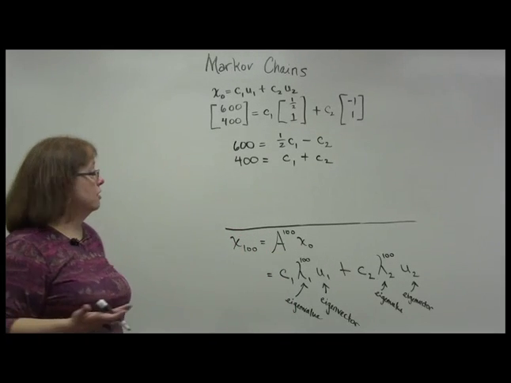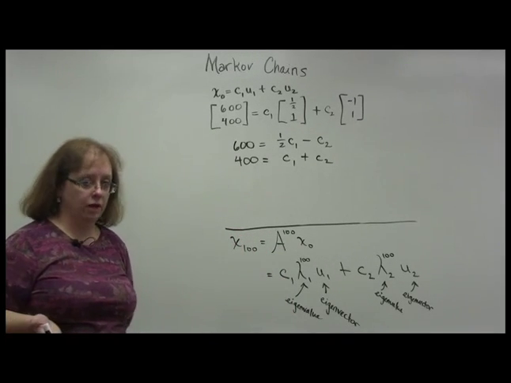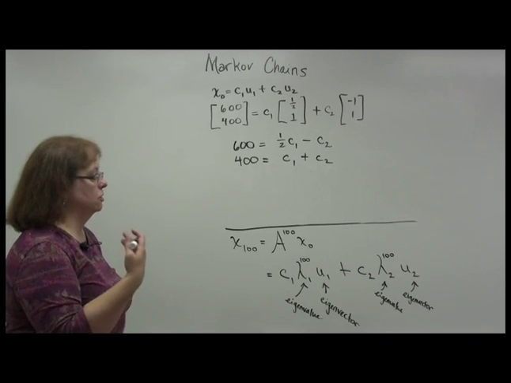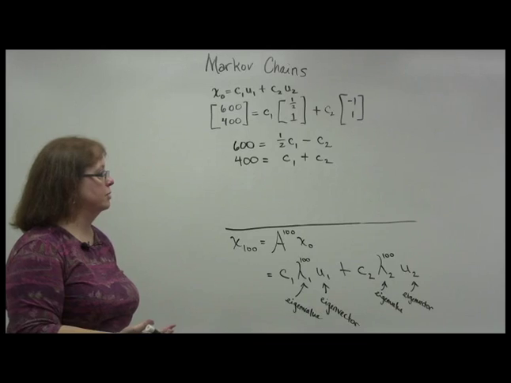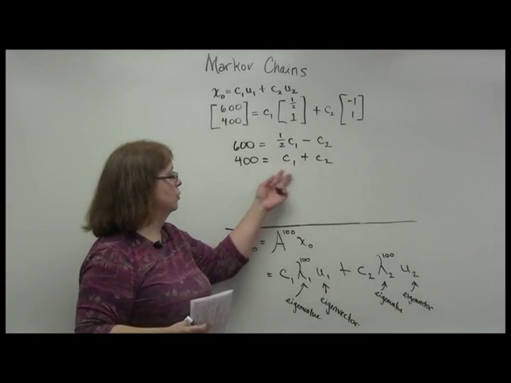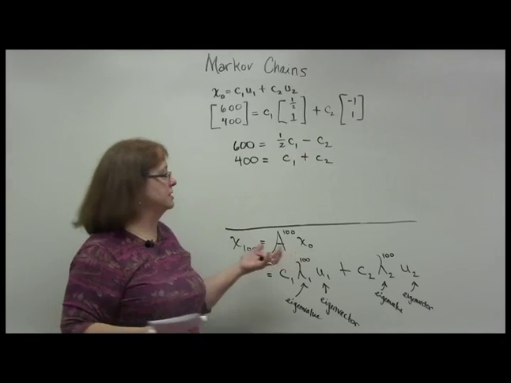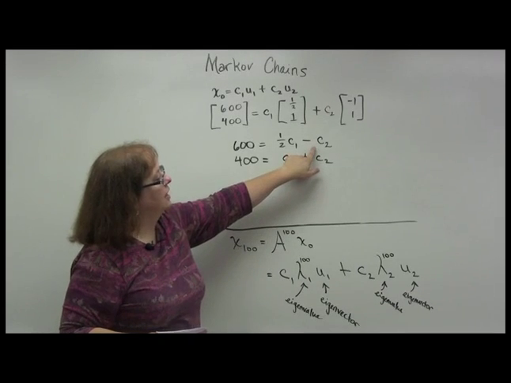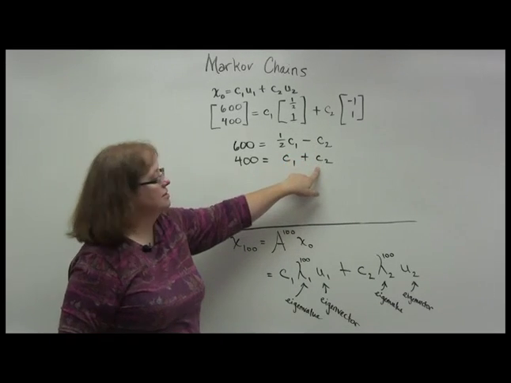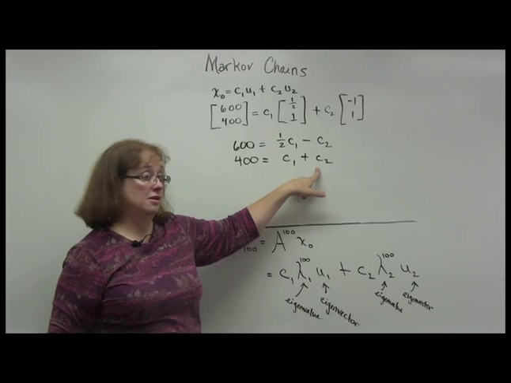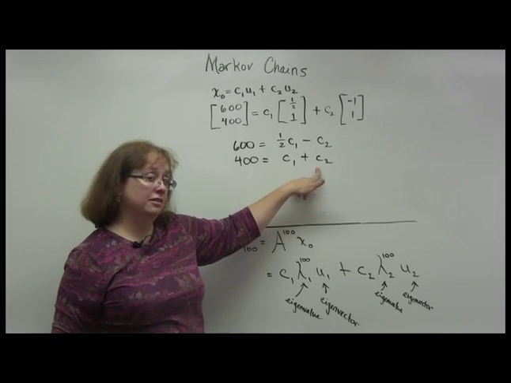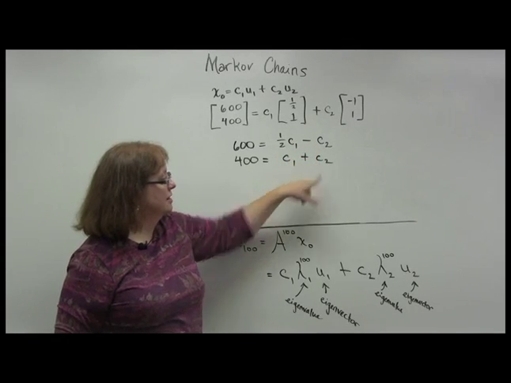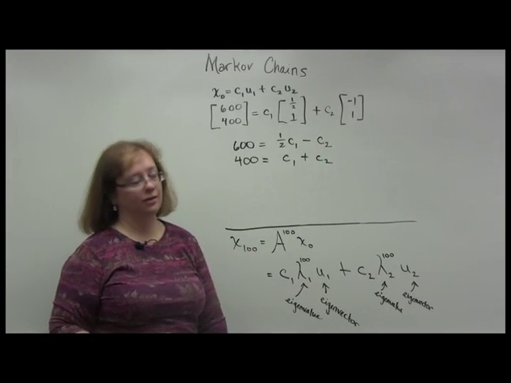Now, you can solve those two equations any old way you want to. We could use a matrix like we did back in chapter 1. We could use algebra 1 type stuff, maybe substitute, solve for C1, plug into the other one, etc. Or if you happen to notice a negative C2 here and a positive C2 there, do you remember your elimination method from good old algebra 1? If these have opposite signs, just add your two equations together.